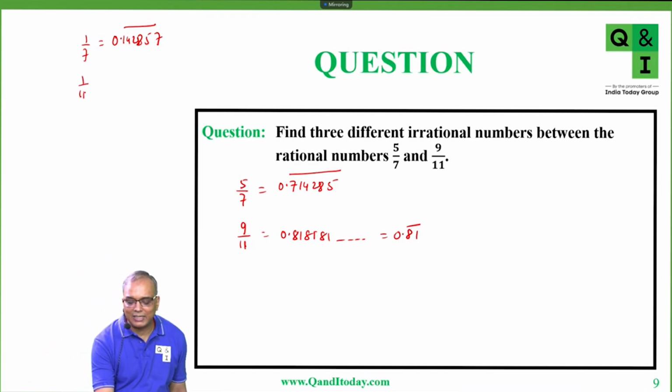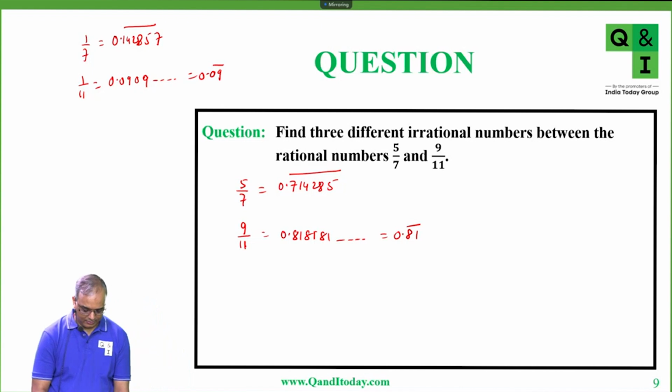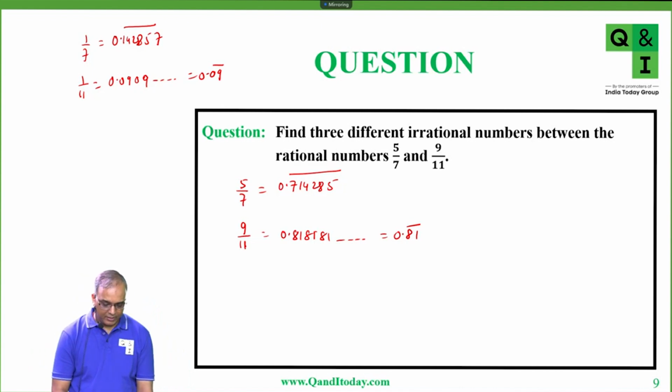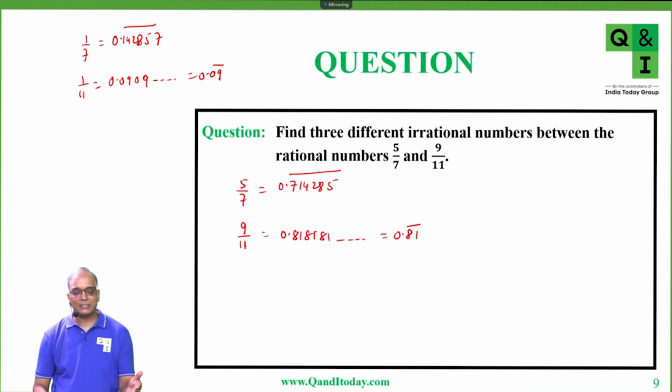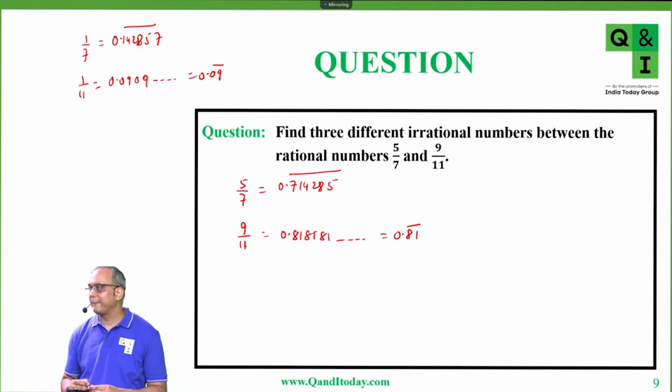Similarly, 1 by 11 is 0.0909 and so on, that is 0.09 bar. If I have to find 9 by 11, I multiply this by 9 and I get 0.818181 and so on, that is 0.81 bar.